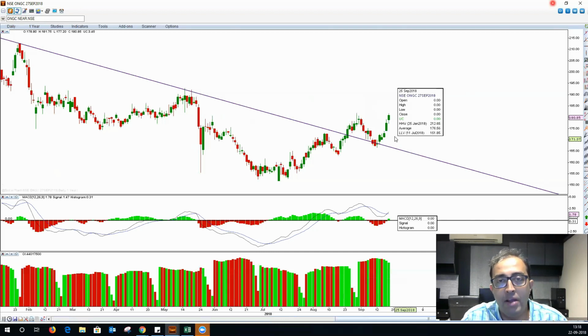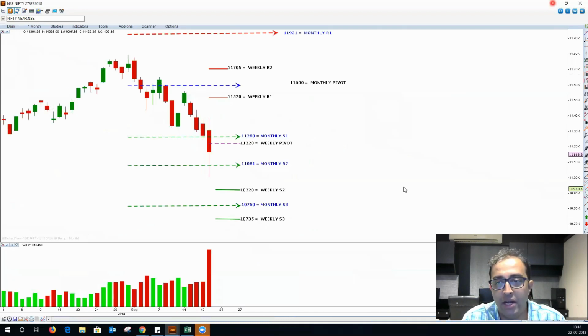I have given you a brief about Bank Nifty, where I expect the Bank Nifty to be range bound, and the Nifty has got a position where you could take on either side. This is the Nifty for you, and if it continues to move below Friday's close, it is a short opportunity for you.